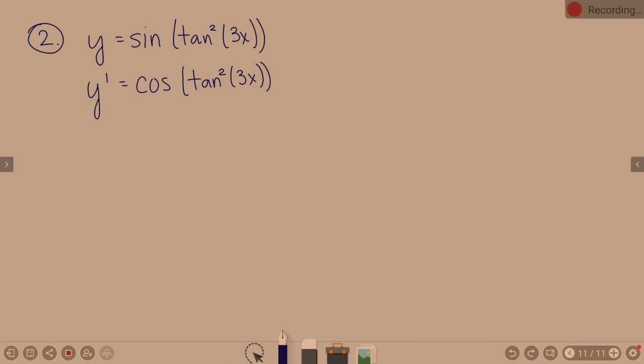So did my inside change at all? No, my inside did not change at all. So the derivative of sine of something is cosine of something times the derivative of something. So what am I trying to do the derivative of now? Tangent squared of something. So what is the derivative of tangent squared of something? Well, realize the derivative of tangent squared of something, that's not a specialty that we know.